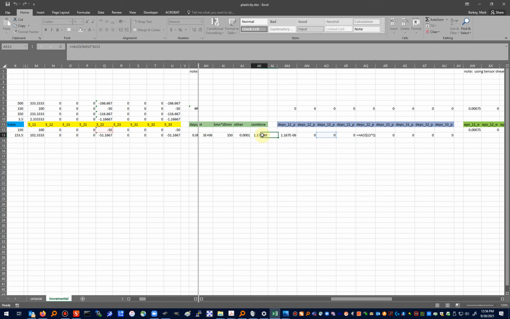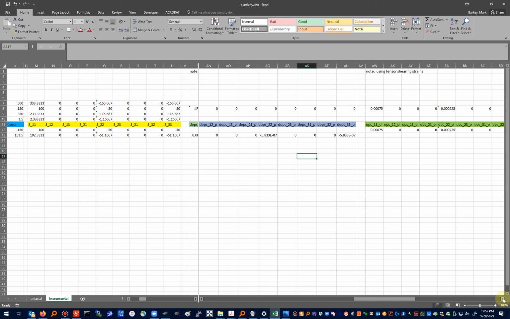So maybe I put the $ sign on the wrong term. Okay, so that looks better. 2,2 and 3,3 should be the same. I'm going to save the spreadsheet. It's all in the setup.